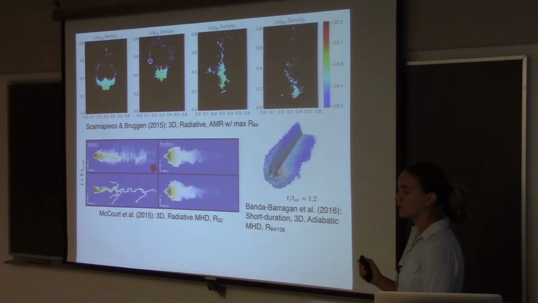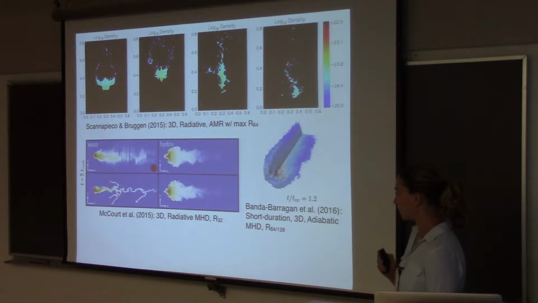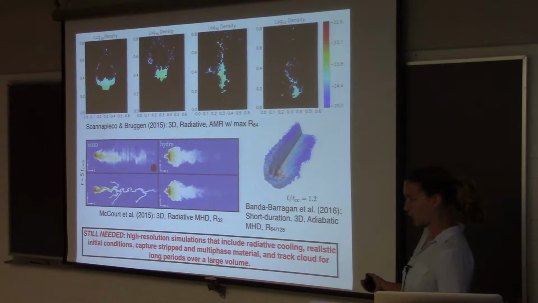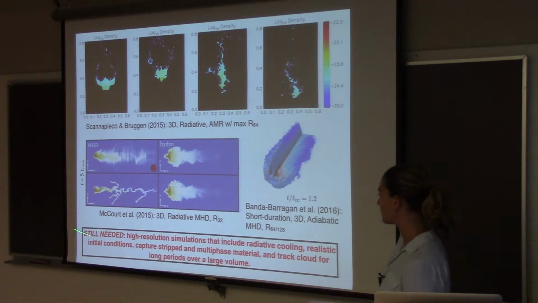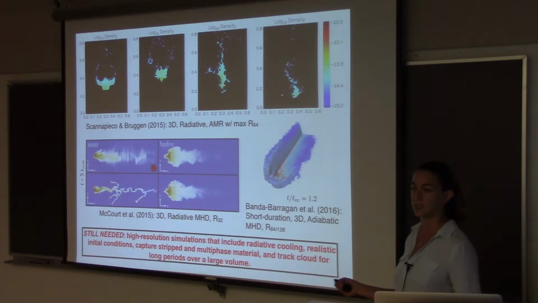And the point is that all of these are very expensive simulations to run, and so despite all of the work that's been done on this topic, at this point we were still in need of high-resolution simulations that include the relevant physics, but also realistic initial conditions.